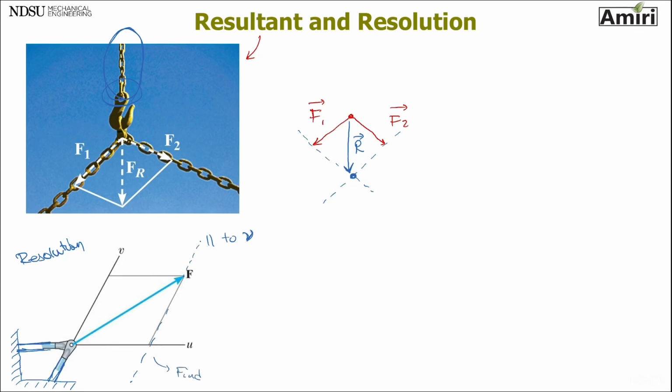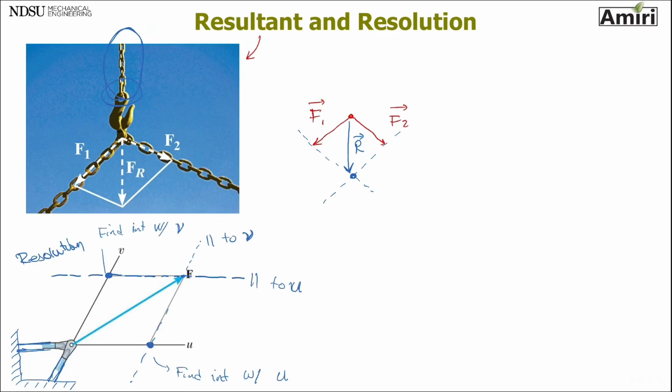Find the intersection with U, and then you draw from the head of F parallel to U, and find the intersection with V. Make those intersections into points.